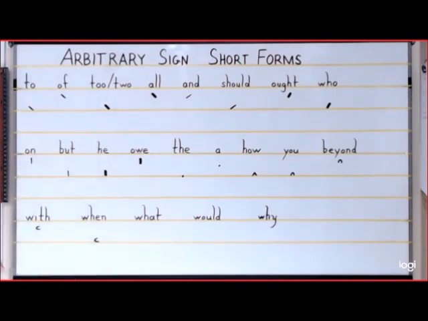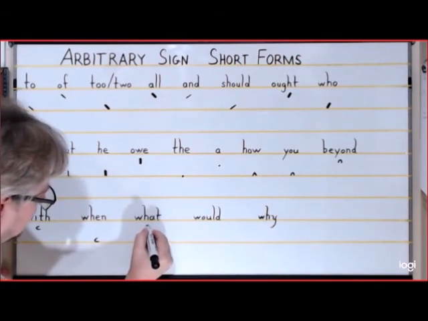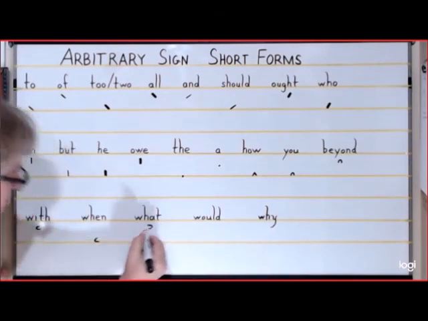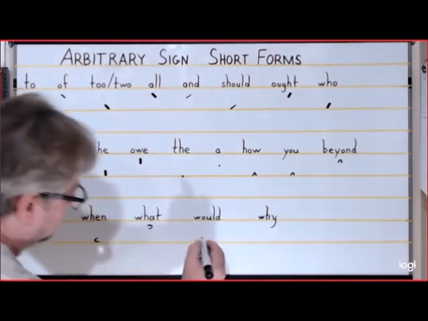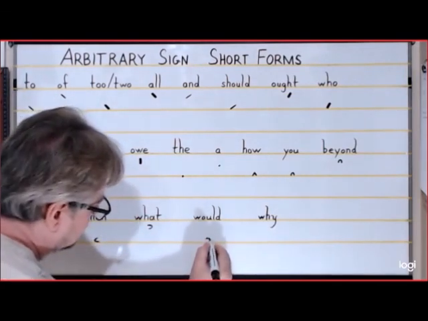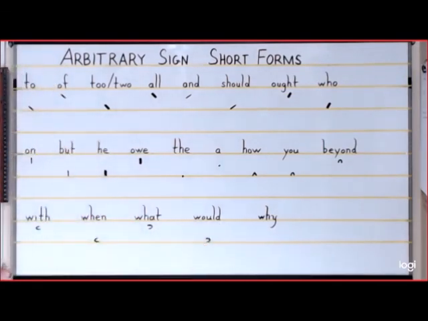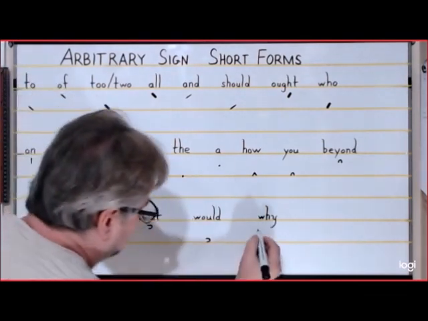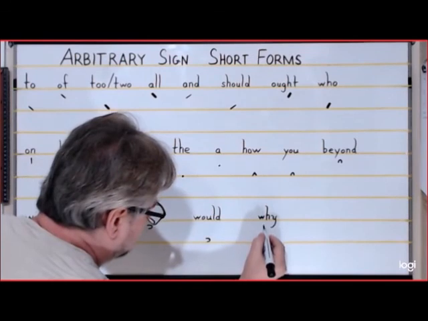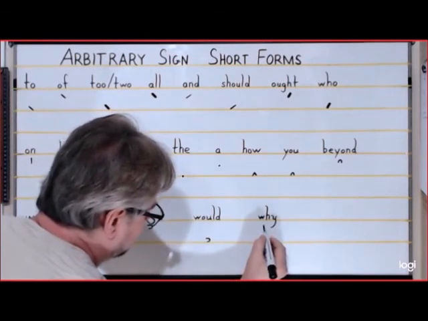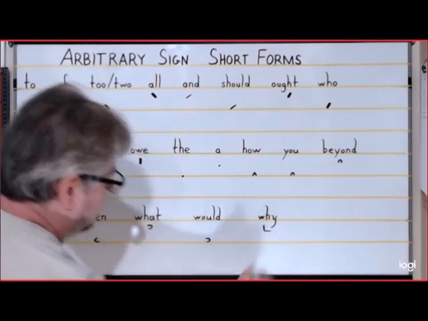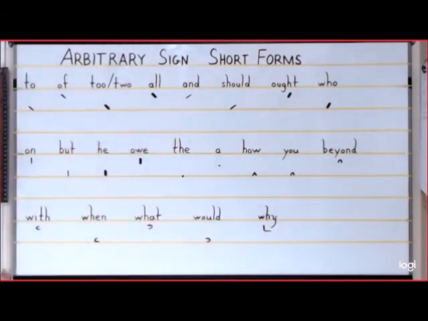The word what will look like a backwards C written above the line. And then the word would will look like a backwards C written on the line. And finally, Y is a vertical down light stroke with corresponding horizontal light stroke at a 90-degree angle.